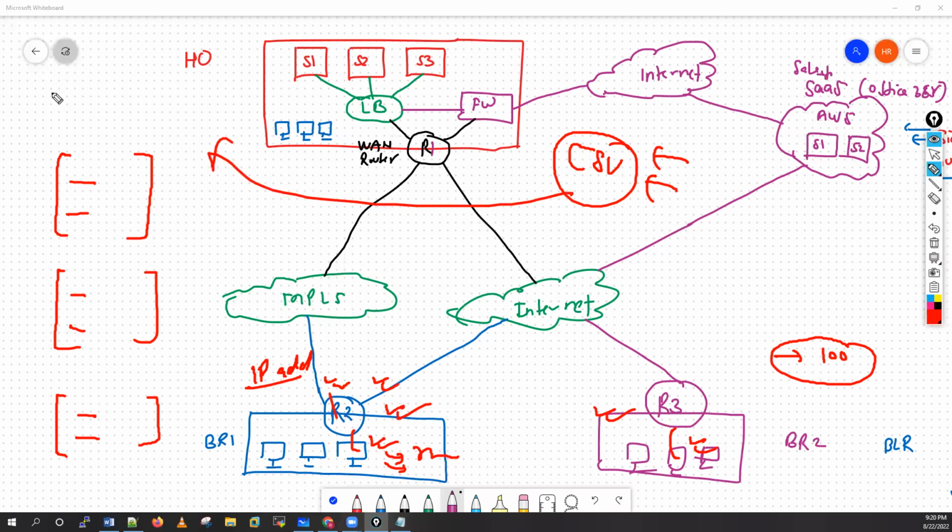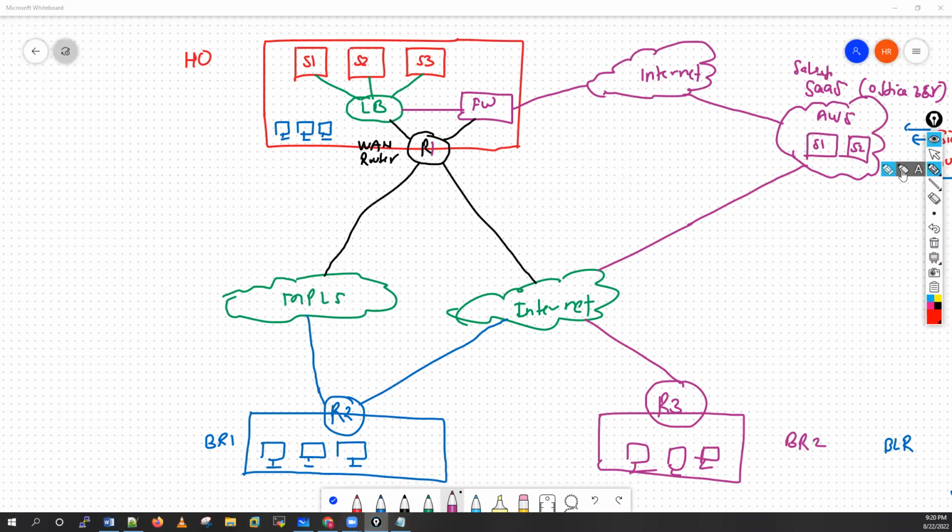All these things we can do from one single controller, guys. Means we can configure all these sites from this single controller, which means if you want to make these 100 sites up and running, we can do it easily. Your configuration of these sites becomes very easy. One more thing, they will support zero touch provisioning, ZTP, or plug and play.